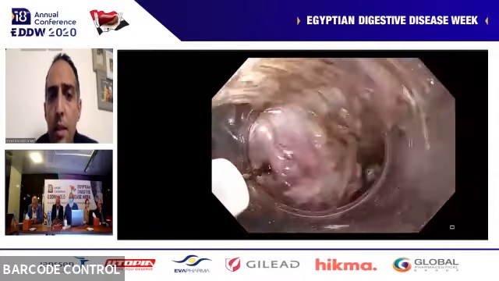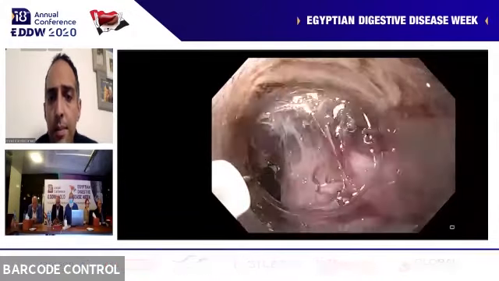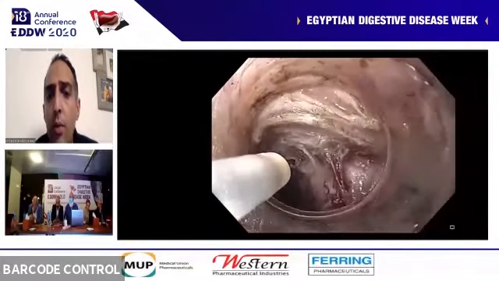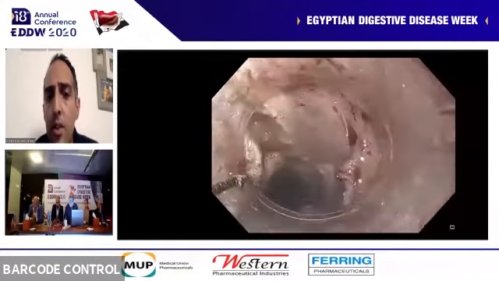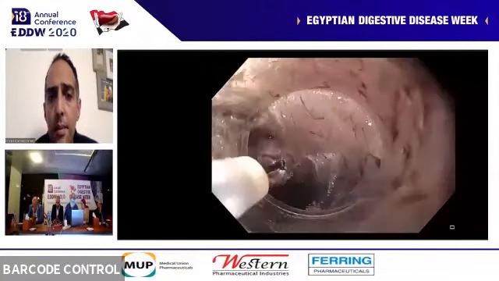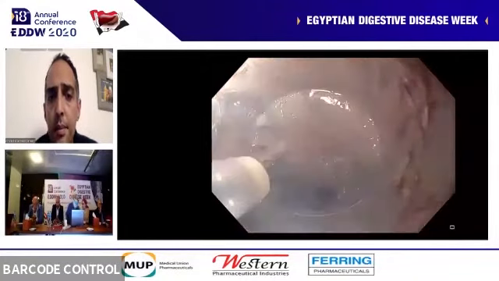Here, the tumor is much more visible now. We'll continue from behind, where the tumor is attached to the muscle layer. And we are almost finished. I have to say something very important: the capsule of the tumor should be intact also.